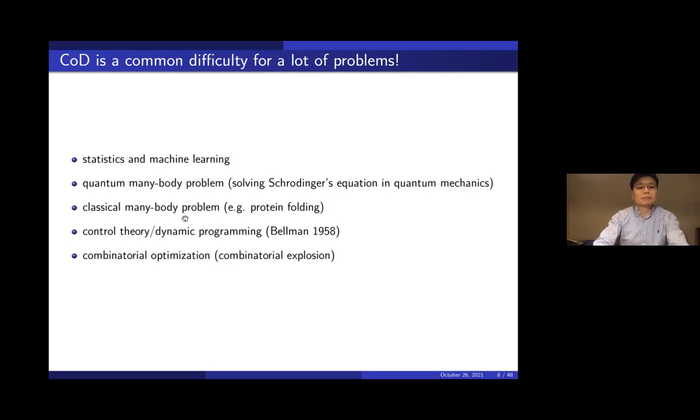Classical many-body problem, if you want to solve the protein folding problem, for example, also has a COD problem. And then control theory, dynamic programming, well, that's where the terminology curse of dimensionality was proposed by Richard Bellman in 1958. And then, combinatorial optimization, there's an issue of combinatorial explosion, and that's very similar to the COD problem.